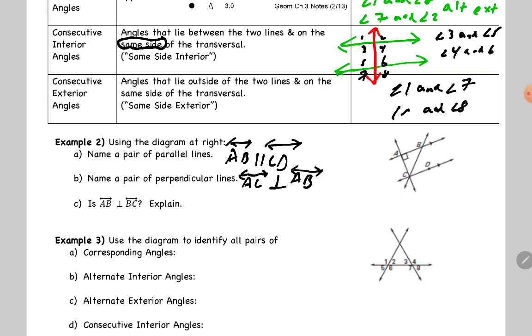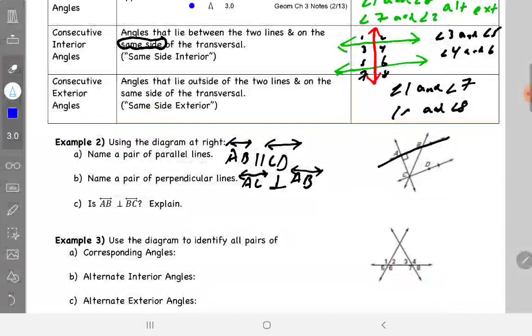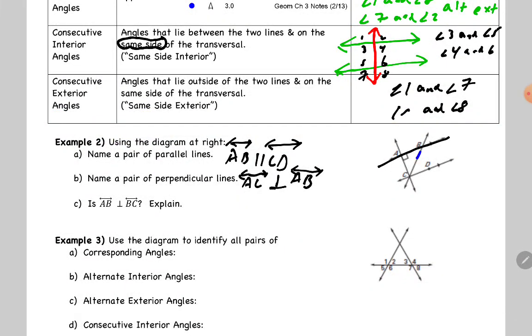Is AB perpendicular to BC? So is the black line here perpendicular to BC? Well, that's an obvious no. It does not form right angles. There are no right angles.